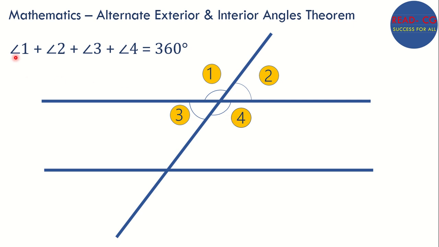So here angle 1 plus angle 2 plus angle 3 plus angle 4 is equal to 360 degree.